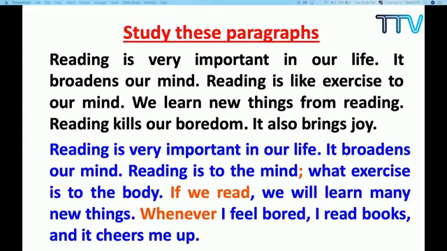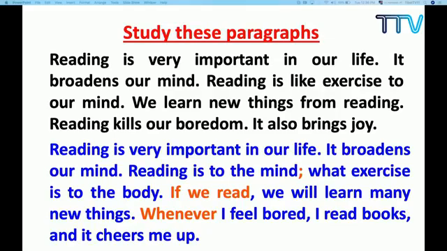Now the next one. "If we read, we will learn many new things." Look at the clause "we will learn many new things." It makes sense. It does not have to depend on another clause. This is an independent clause. But "if we read" is a dependent clause.